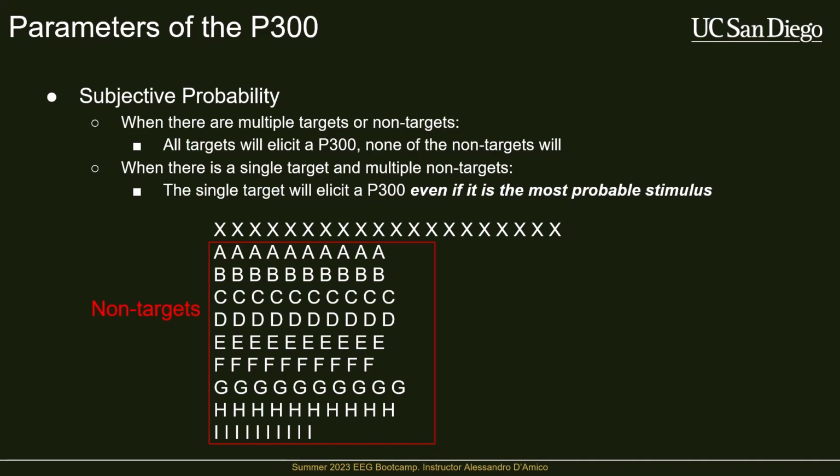But also, with all of these later cognitive potentials, like anything after 200 or 250 milliseconds, there's almost certainly an overlap of multiple components happening at that same time. So it can be difficult to design tasks that are just eliciting a P3B but not an N400, for example, because if you have task constraints, then you usually have some sort of semantic or syntactical constraints related to that task and task learning.